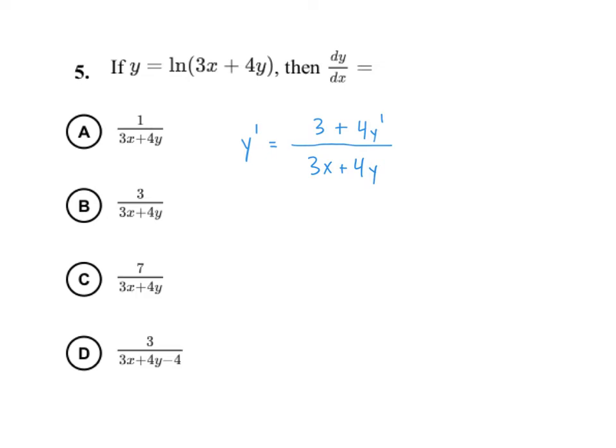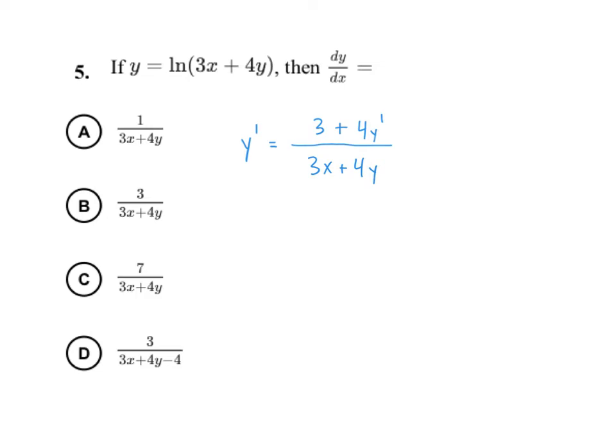Okay, so now we have to actually solve this for y prime. So we got these two y primes that we have to get together. So we'll multiply both sides by this denominator, distribute the y prime, and then do the same thing that we did in number 4. Get all the terms with y prime on one side so we can factor it out, and then divide by what's left.